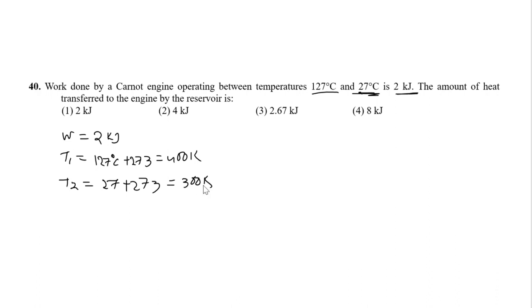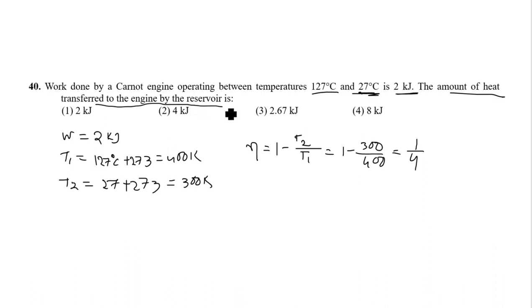Now we can find its efficiency. We know the formula: efficiency is 1 minus T2 by T1, the sink temperature by source temperature. So it becomes 1 minus 300 by 400, which solves to 1 by 4. The question asks to find the amount of heat transferred to the engine by the reservoir.